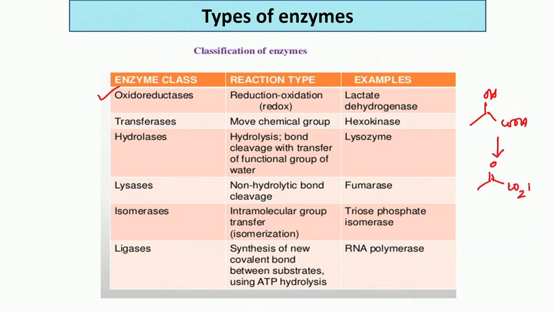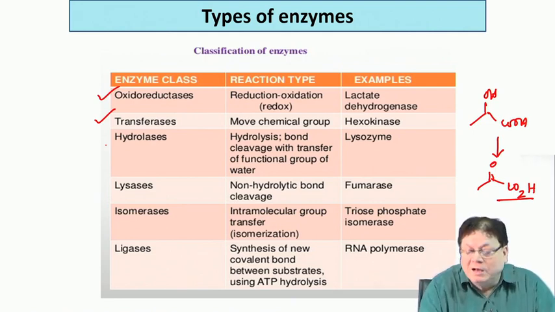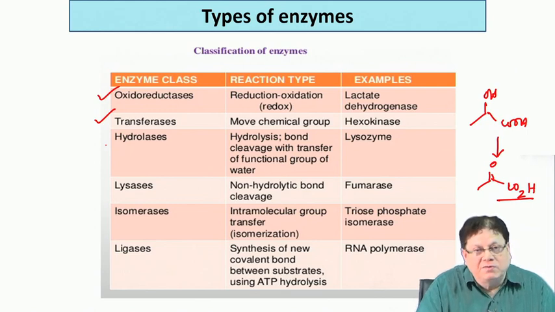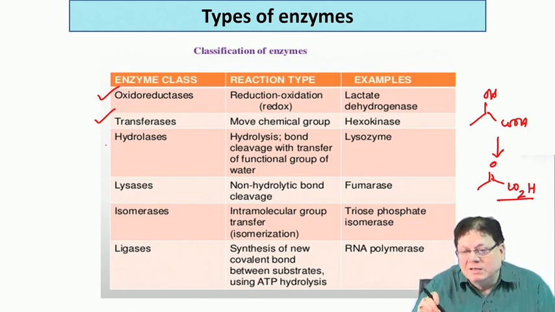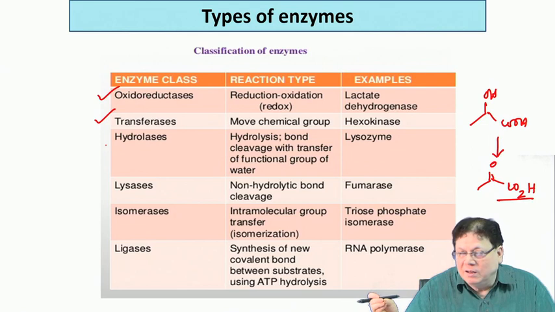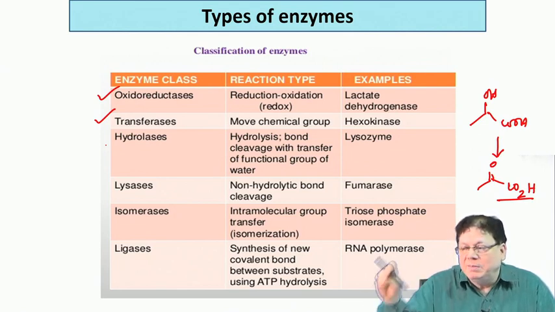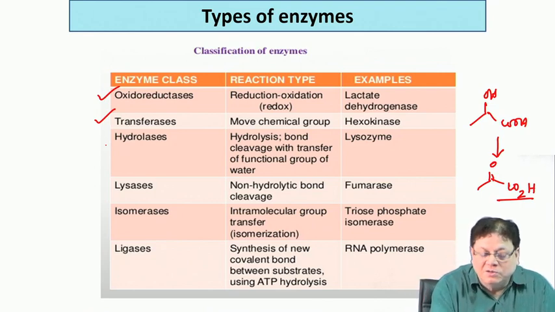Then the second one is transferase. That means they move a chemical group from one place to another, like an amine transferase. Say the amine group of one amino acid is transferred to another substrate which lacks the amine and puts the amine there. So, they are called transferases.